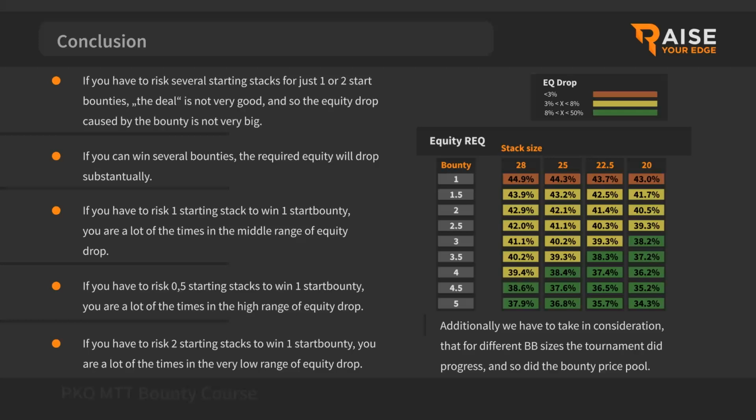So in the first scenario, of course, way fewer players are remaining in the tournament. And we also want to take into account that the bounty prize pool progresses at different big blind sizes.